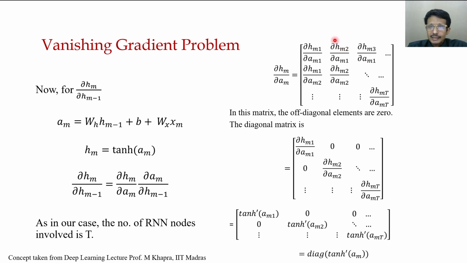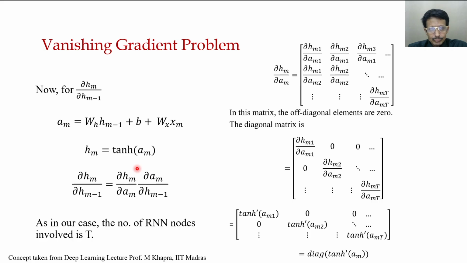But it's very important to understand here, just try to see the off-diagonal elements, like del of hm1 by del of am2. If we take this derivative, am2 is not involved in hm1, so all the off-diagonal elements become 0. So this becomes a diagonal matrix of this form: del of hm1 by del of am1 is the first diagonal element, the next diagonal element is del of hm2 by del of am2, and so on up to t.